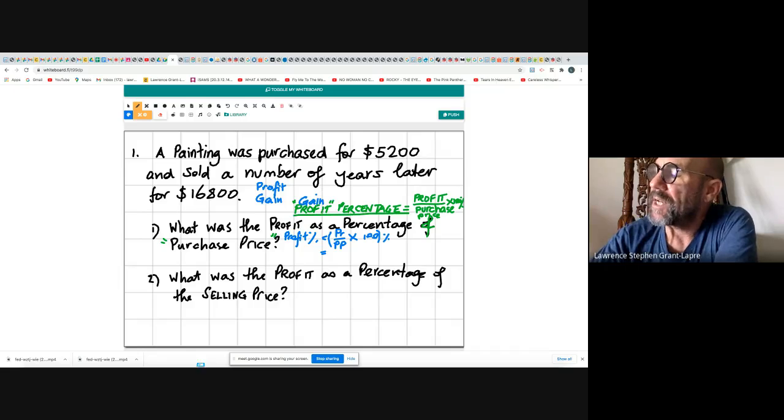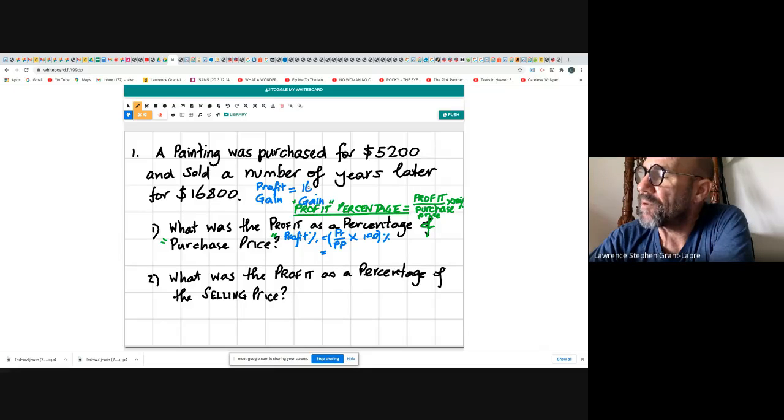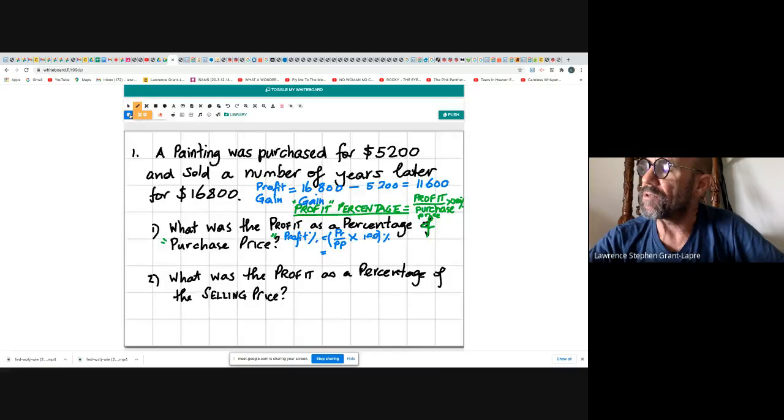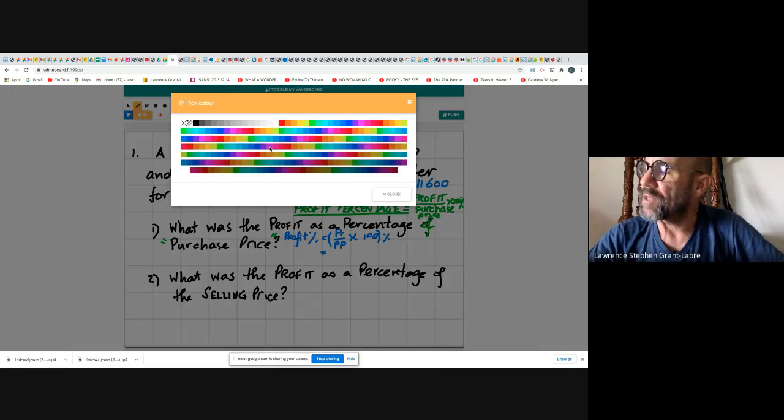What was the gain as a percentage? So the profit is take the selling price, 16,800, and take away the original price, in this case, the purchase price. And the gain was $11,600. So it went up by 11,600. So that's the number that goes in the formula on top.